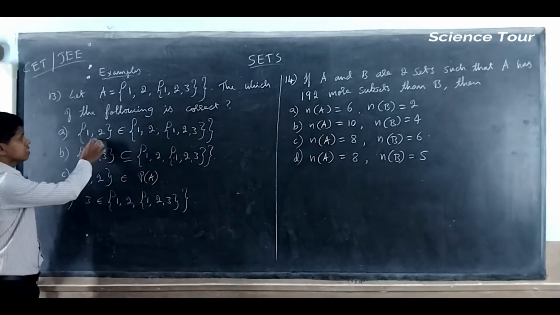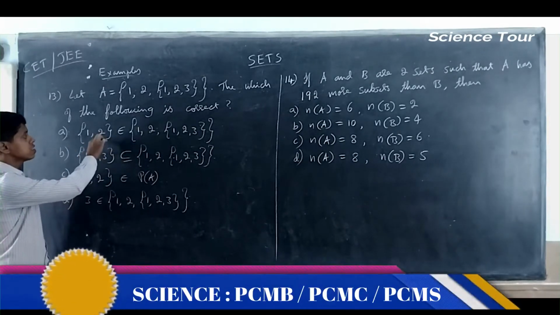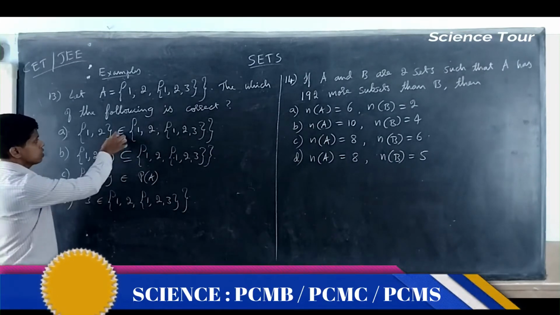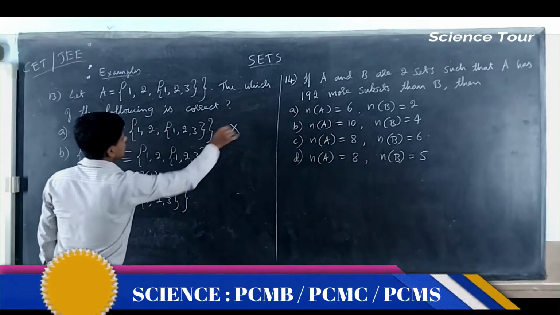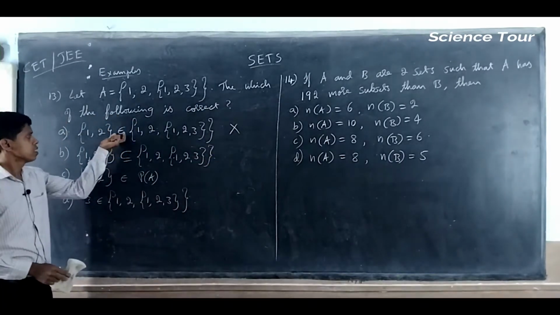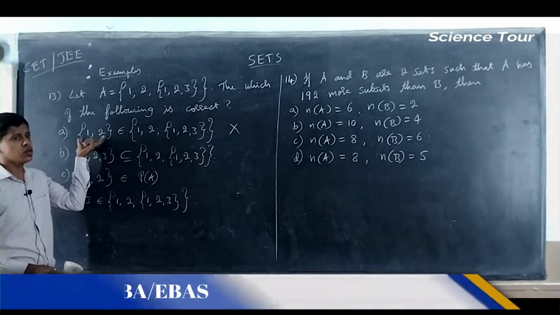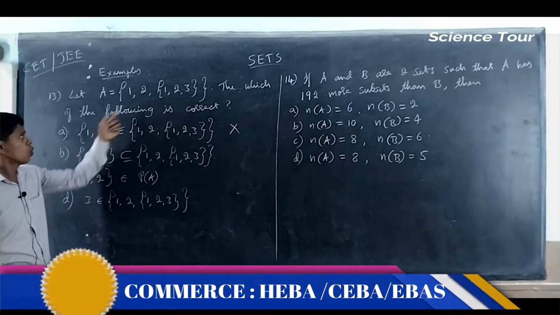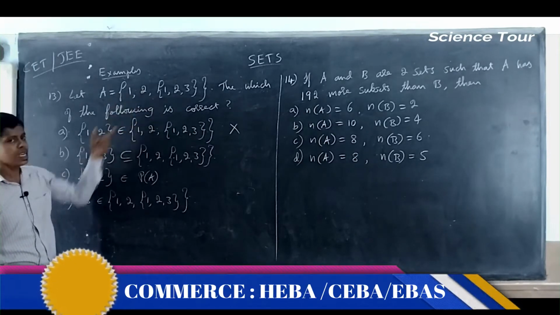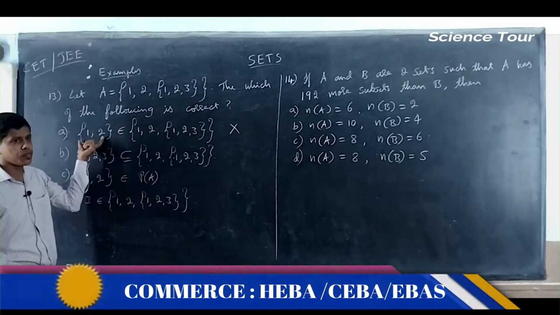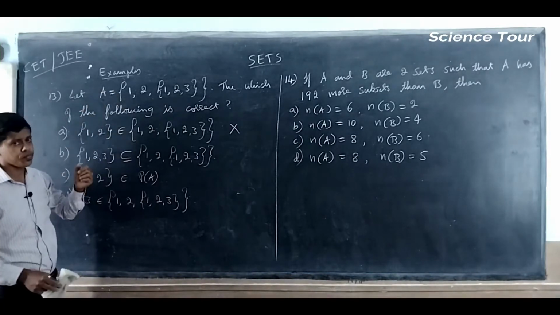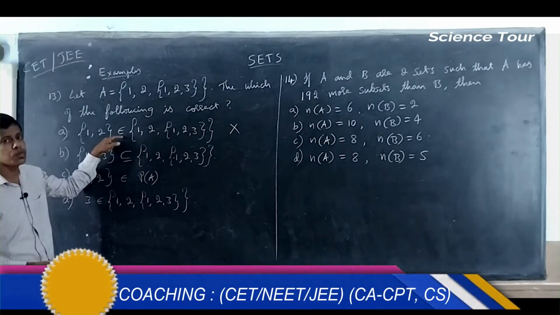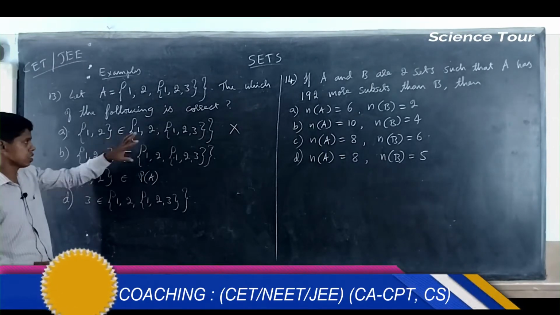You have got a set here and it is a subset of the set A. So this is not correct because they are saying the set 1 comma 2 is an element, belongs. This is not an element. 1 is an element, 2 is an element, but this is a set which is a subset of A. So they should have used the symbol subset. So this is not correct.